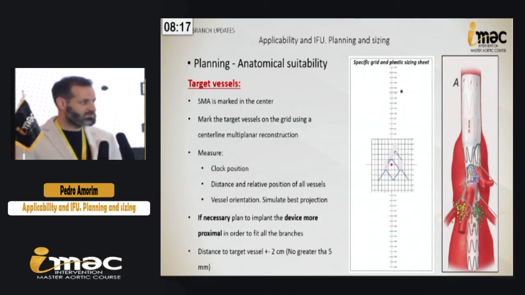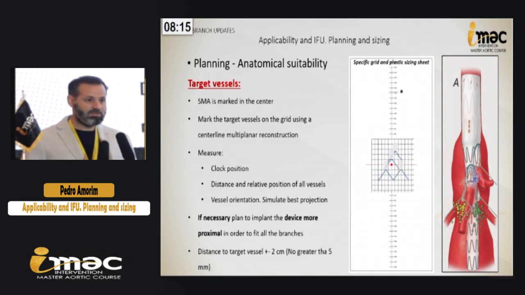With some experience, we don't need the chart or the grid, but it's a very good tool when we are starting. We must be aware that the target vessels must be somewhere between 2 and 4 centimeters from the branch of the graft, so as to avoid a big bridge.